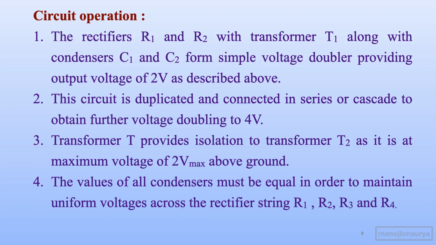So in this way we have understood how to obtain high DC voltages from a voltage doubler circuit, and we have also understood how to minimize the ripple content in the output of such a voltage doubler circuit. Then we have taken up the voltage cascading. Two or more voltage doublers, they may be connected in series in order to obtain more than twice the voltage.